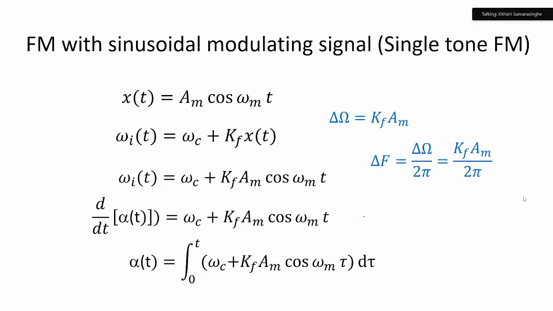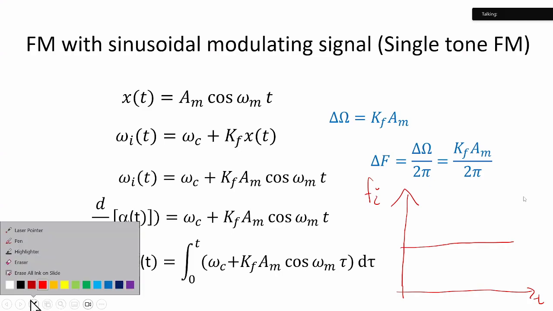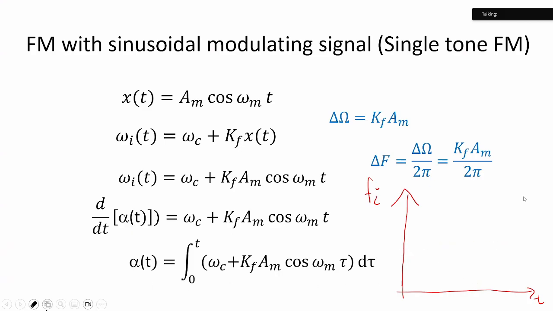Same thing, if you like, you can plot it frequency-wise as well. If you plot fi against time, there will be fc here, the center frequency, and frequency will be increasing and decreasing with time. And this is the peak frequency deviation, delta f.